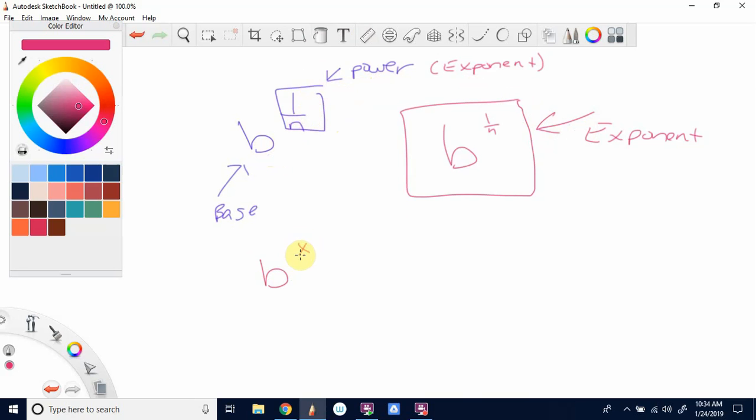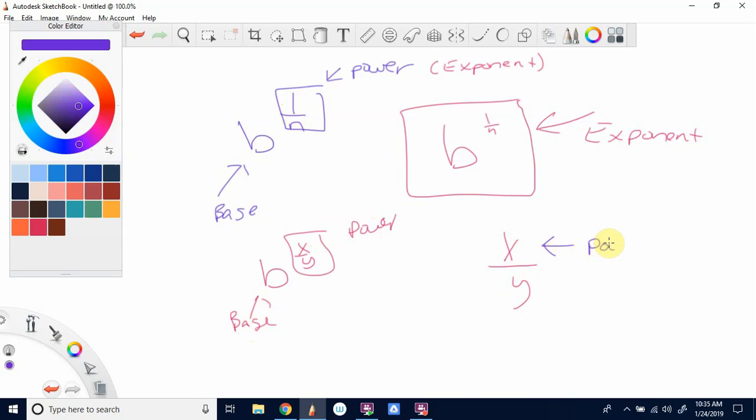It's when b is raised to the x over y. Again, this whole thing, this is the power, and this is the base. So when your power is a fraction, I'm going to call it x over y. Here it's just saying when it's 1. Here it's saying, well, the numerator could be anything. So we have the numerator.